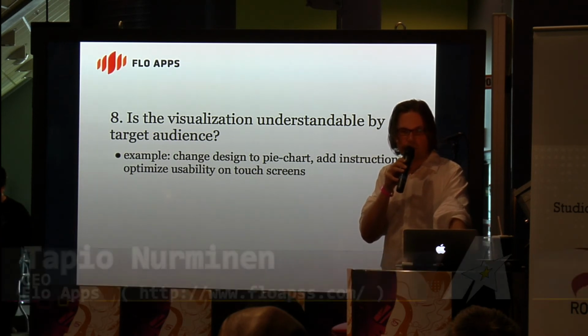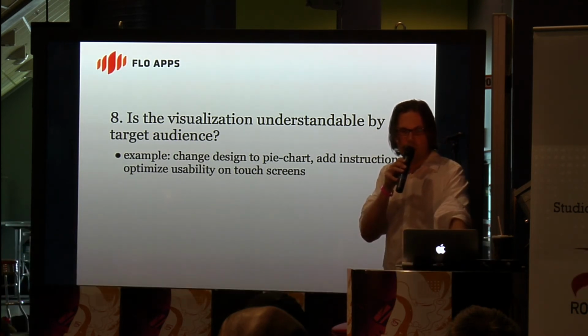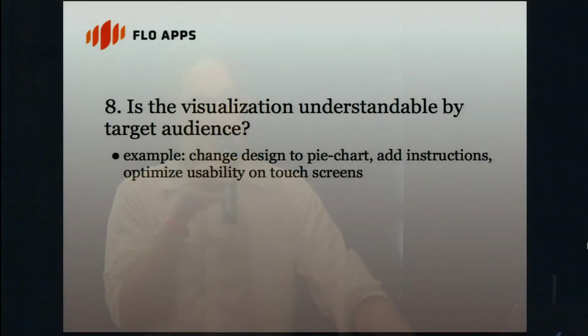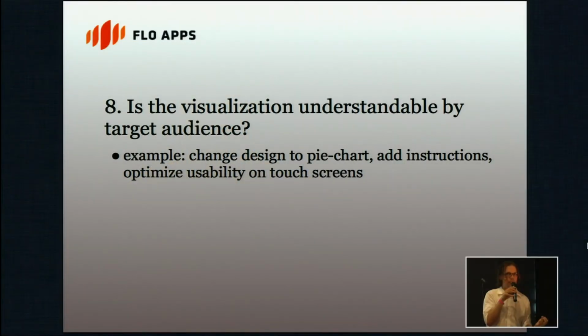And then of course not only usability but also the sheer comprehensibility of the visualization. Sometimes something that's very obvious to you may not necessarily be so to the end users.